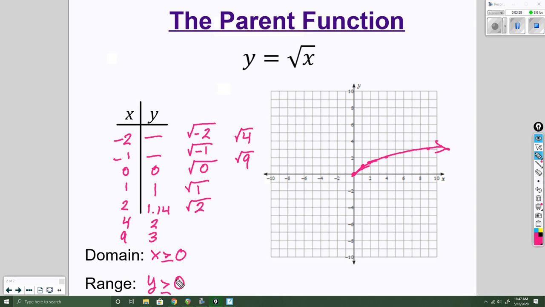Okay, so some key things that I want you to think about is what were good values to take the square root of. Taking the square root of 0, 1, 4, and 9 yielded some nice output values that we could graph pretty easily.